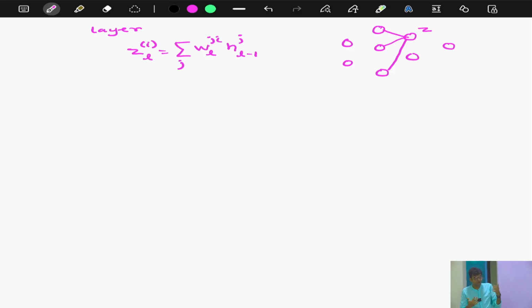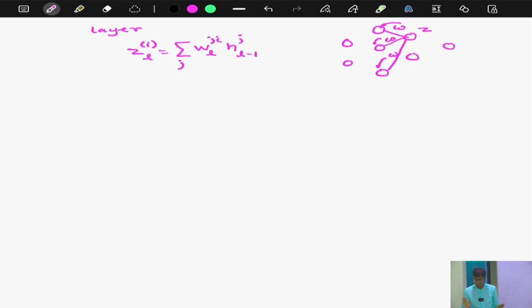And then what is the operation? W connecting the first one to j, second one to j, third one to j. So this weight, and this weight. So this weight multiplied by this one, this weight multiplied by this one, this weight multiplied by this one. Okay.